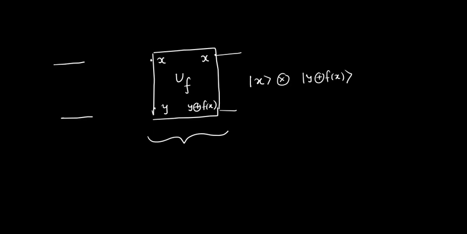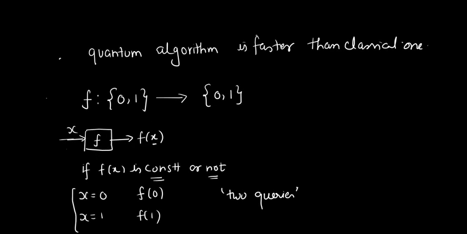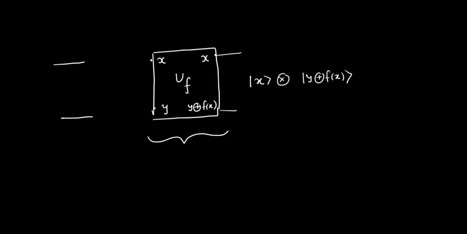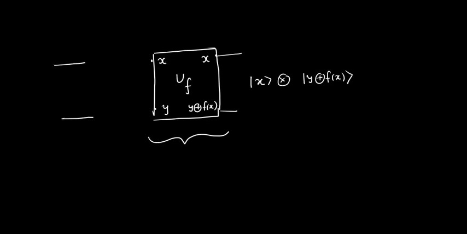So firstly, the assumption is that there exists a unitary operator Uf corresponding to f. The problem in hand is to find out if f is constant or not, and if we have a corresponding Uf where we provide these two qubits as input, we will get this type of output.